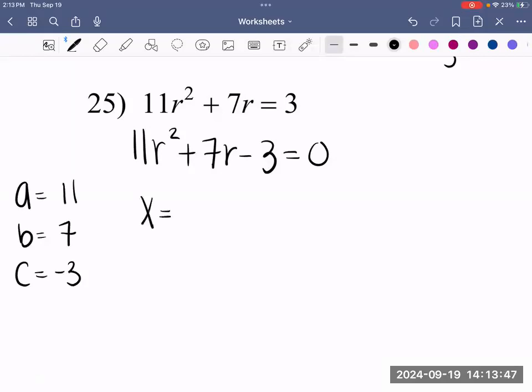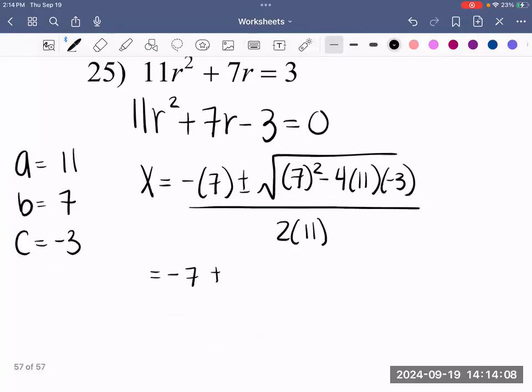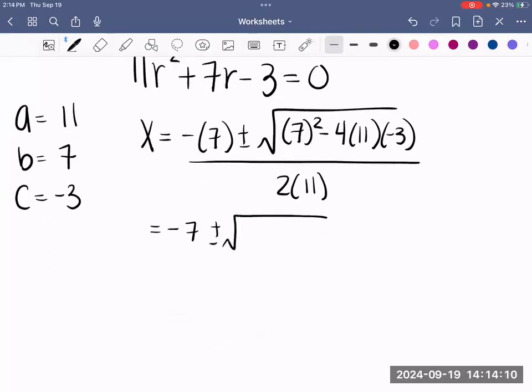So x is equal to negative b plus or minus the square root of b squared minus 4ac all over 2a. So we can say negative 7 plus or minus the square root of 49 plus, because your double negatives are going to cancel.